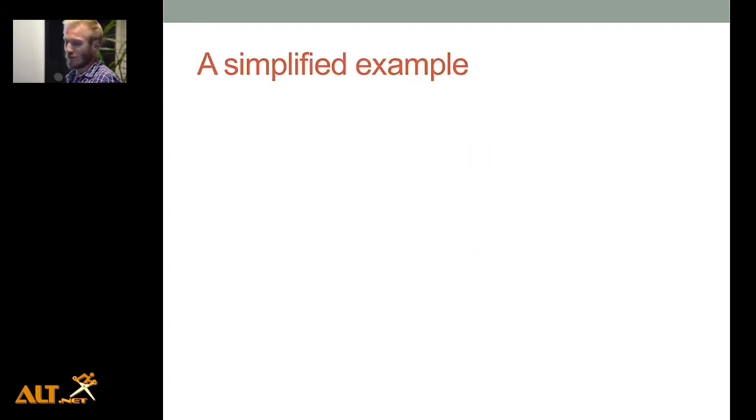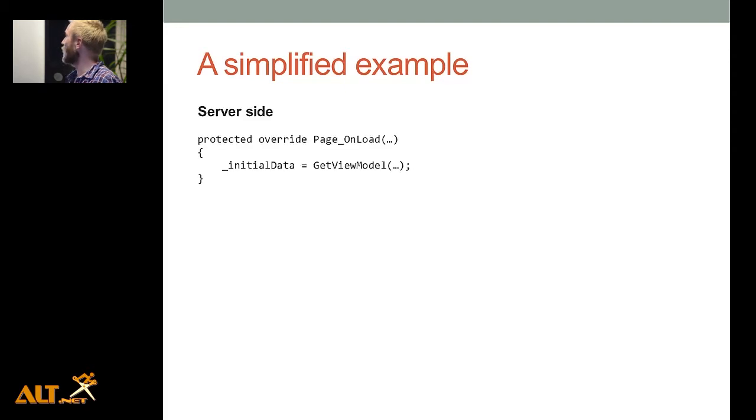A simplified example of using the new architecture: on the server side, page load basically uses a controller to query the domain for a view model, serializes that into a JSON representation, and sticks that in a string object which is protected so it's accessible by the front end of the ASPX page.